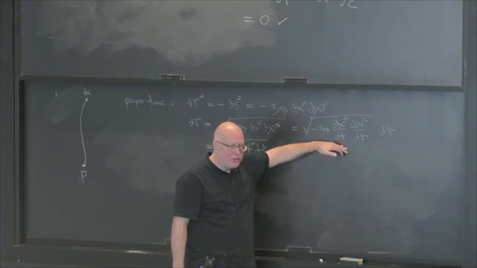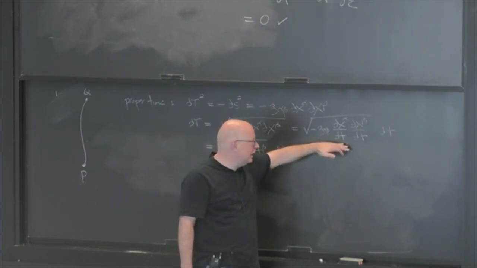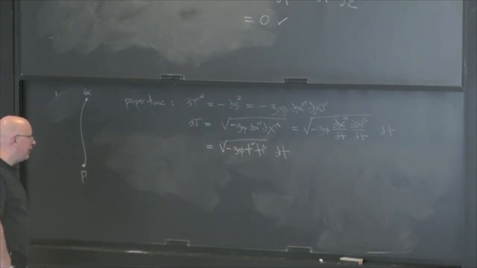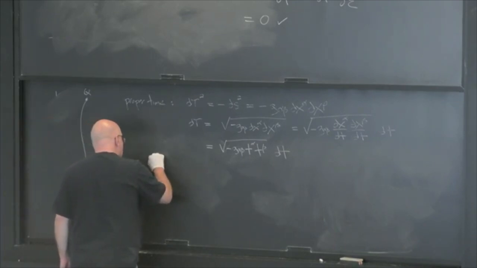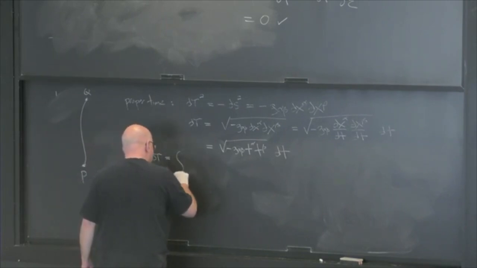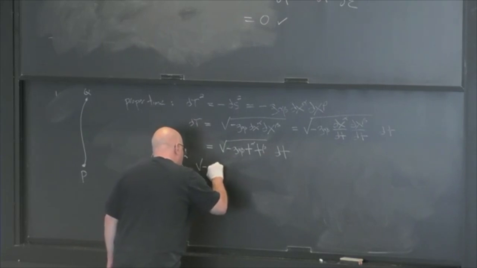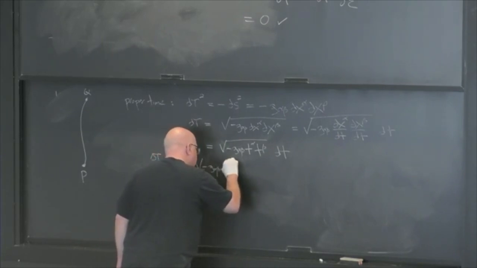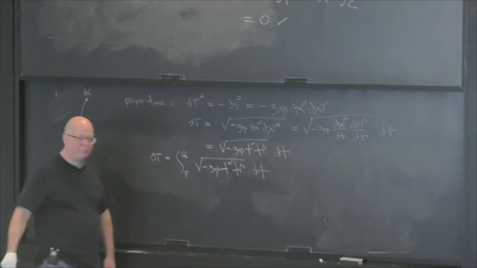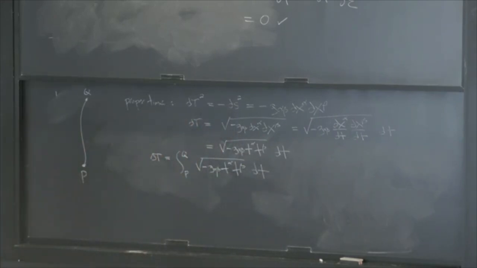So it's really a partial with respect to t, and therefore it's the same thing as the tangent vector t alpha. All right, and then, to define the interval of proper time between p and q, all we have to do is to integrate this.